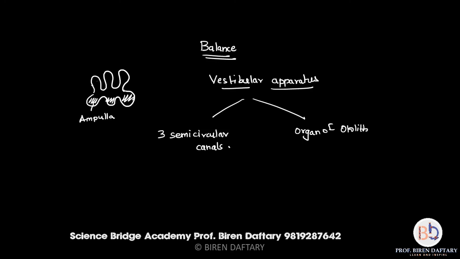These three are the semicircular canals, and the base is swollen. So these three semicircular canals have swollen bases which are called ampullae, which is plural, and there is a ridge, or a structure, which passes over this ampullae. That part is called crista ampullaris.